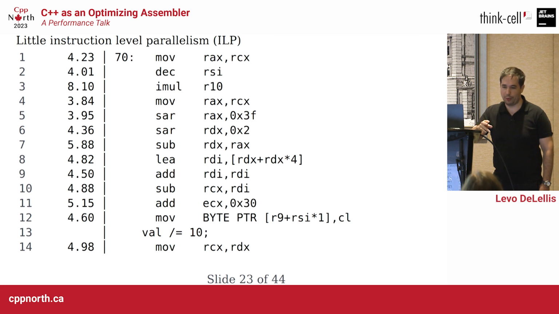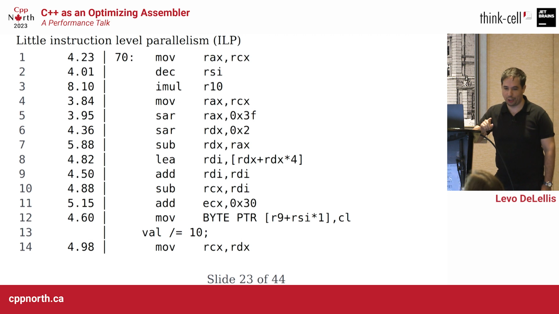So you can have 2 adds, 2 subtracts, or an add and a subtract happen on different ports in the same cycle, as long as they're not depending on each other. If I say there's a lack of instruction level parallelism, it means all the instructions have to be run sequentially, and it's not using up all the ports, it's just using one at a time.